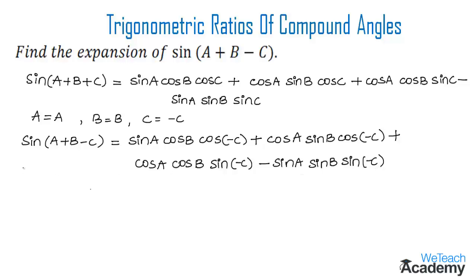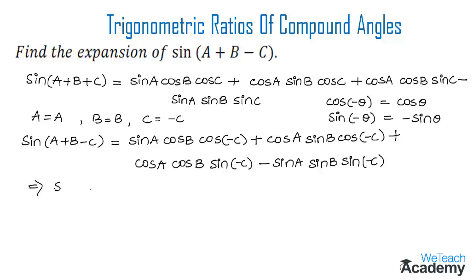Here, by using trigonometric ratios for negative angles, that is cos of minus theta is equal to cos theta, whereas sin of minus theta is equal to minus sin theta, we can write the values.